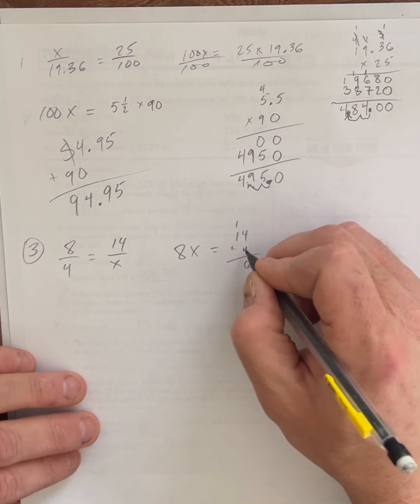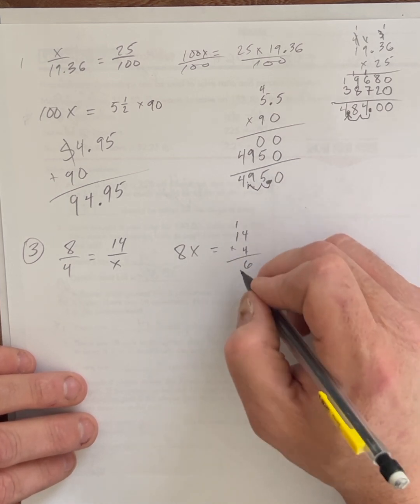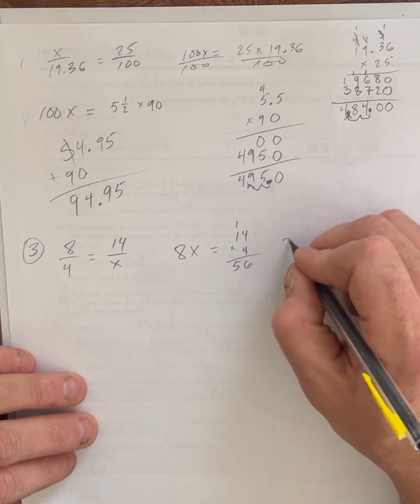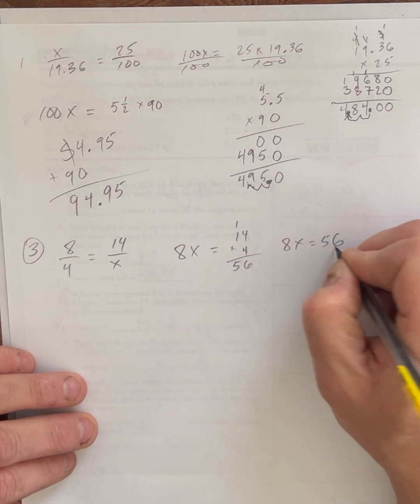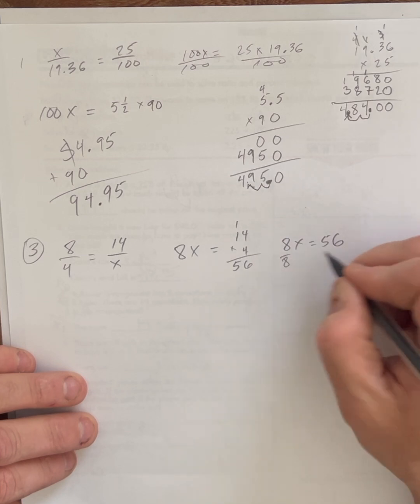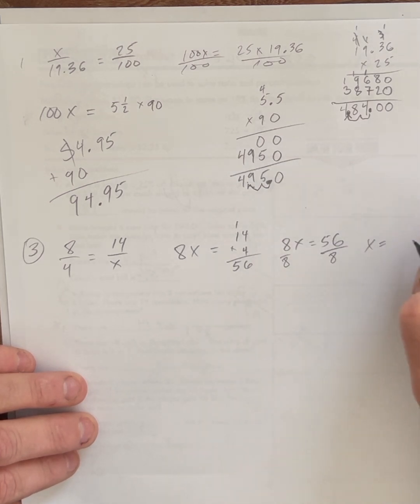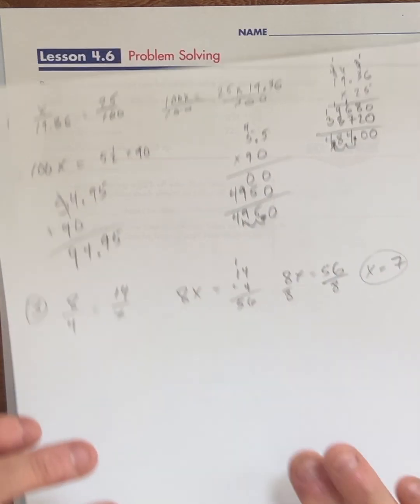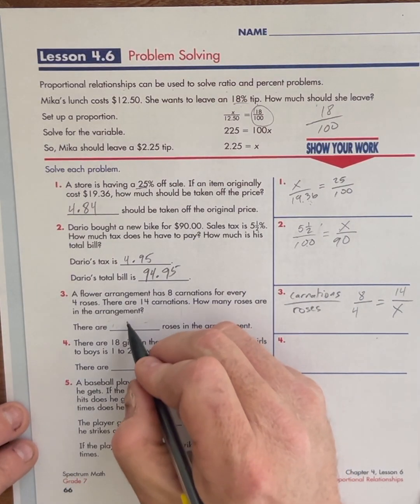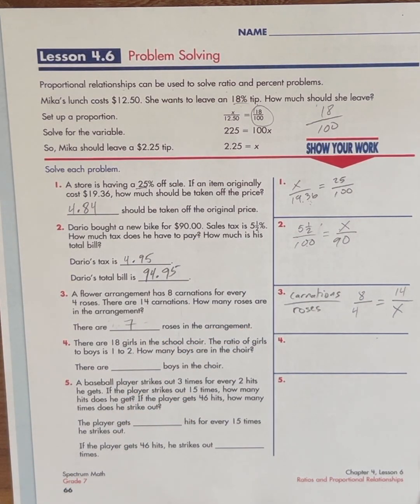Carry the 1. 4 plus 1 is 5. So 8x equals 56. Divide by 8. X equals 7. So there are 7 roses.